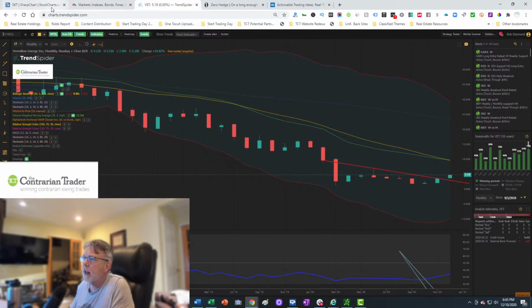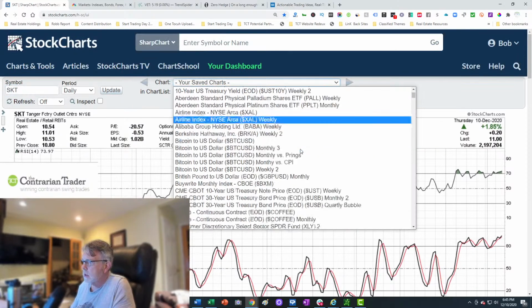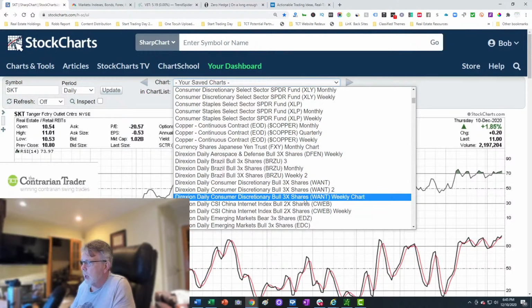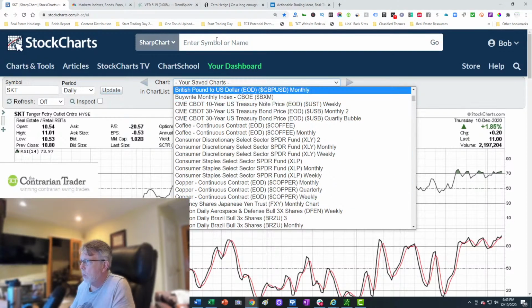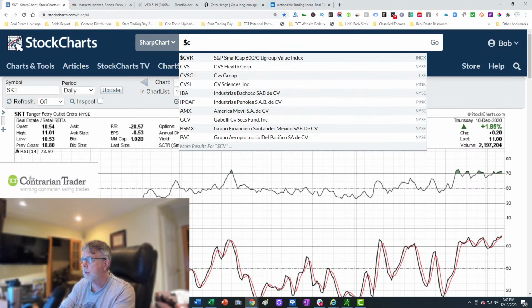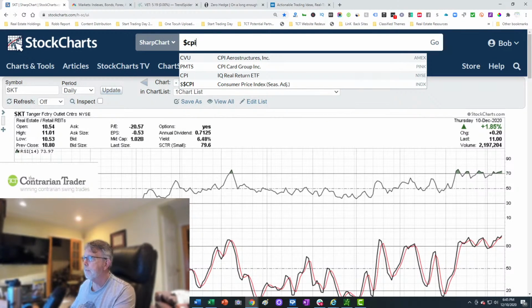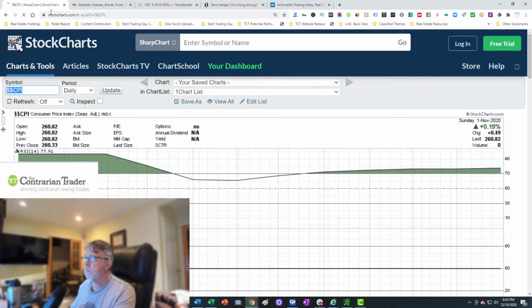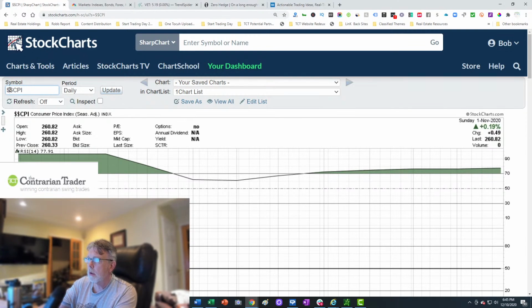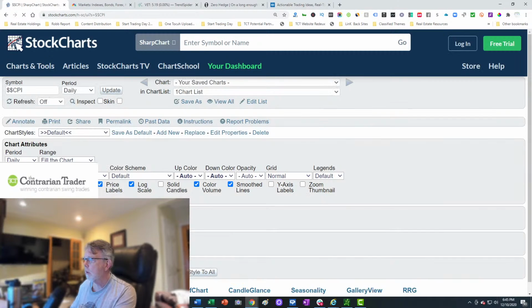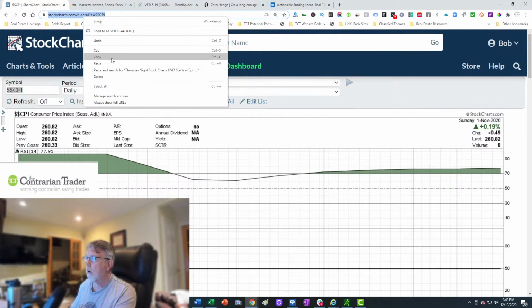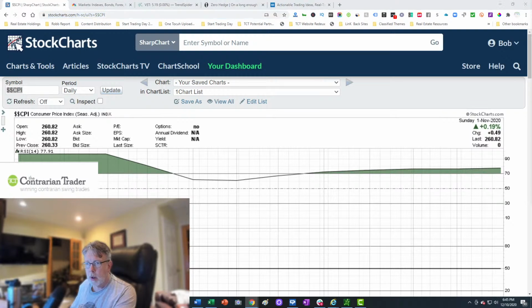Before I go into Valerium, let's get that, because I will forget. CPI. It's probably $CPI. Yeah. It's seasonally adjusted, though. I just dropped a link in there for you if you'd like to take a look at it.